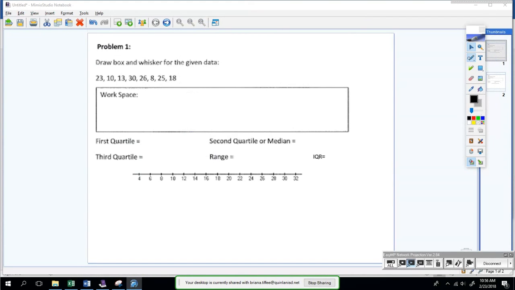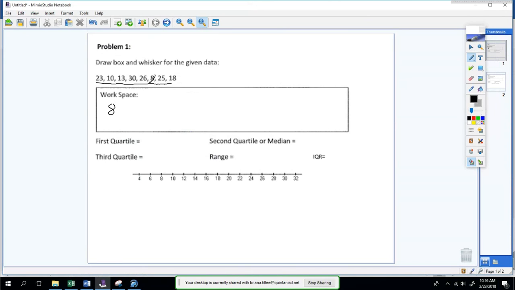When you're creating a box and whisker plot, the first thing you're going to do is take the set of data and order it from least to greatest. The smallest number is 8, so you write 8 and cross it out.